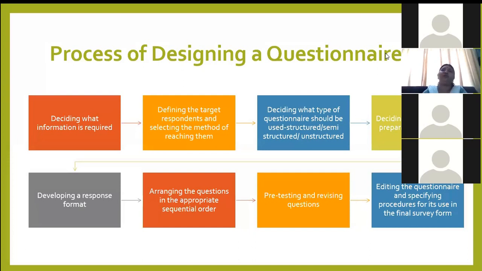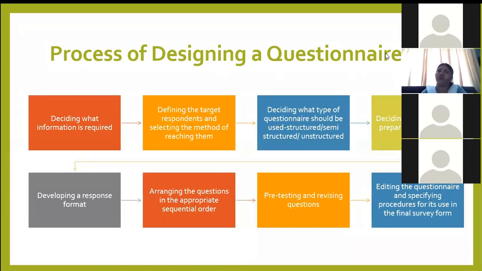After rearranging all the questions and arriving at an appropriate sequential ordering, we can pre-test and revise questions. Pre-testing is also very important, particularly for research scholars. By using the questionnaire, we can reach some respondents and ask them questions.